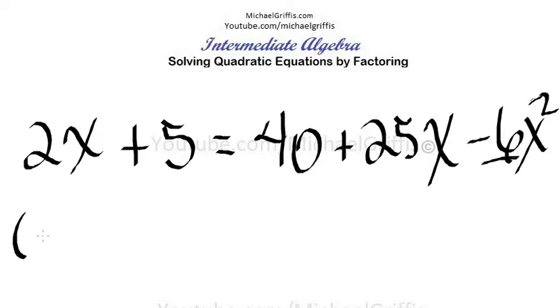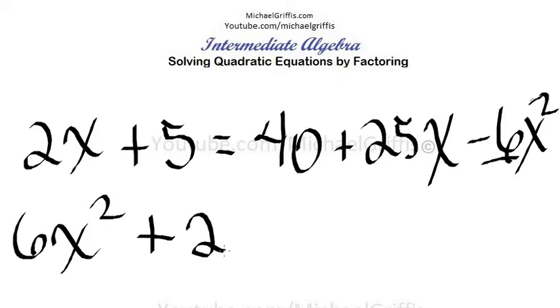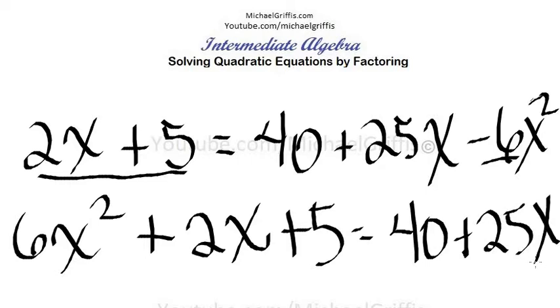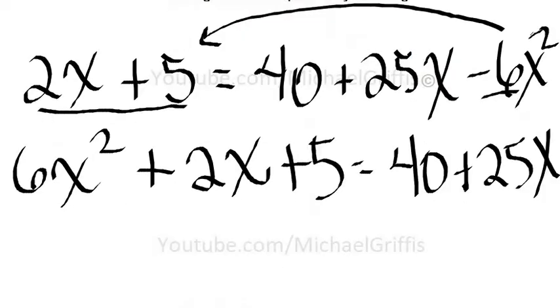So that's going to give us 6x squared, rewriting, plus 2x plus 5, is equal to 40 plus 25x. All we did was take that over here, but technically we added 6x squared to both sides.